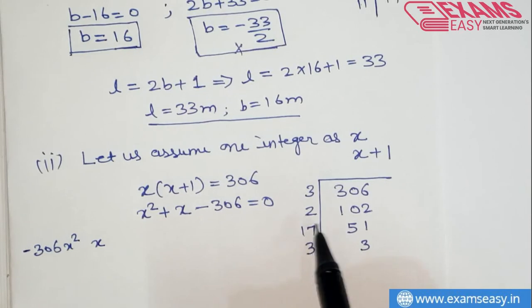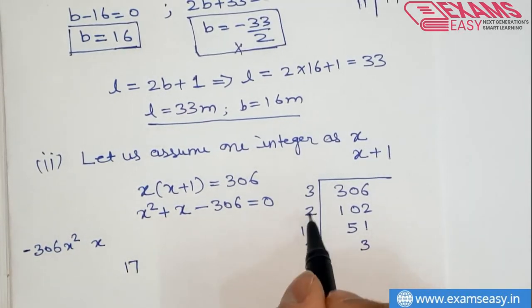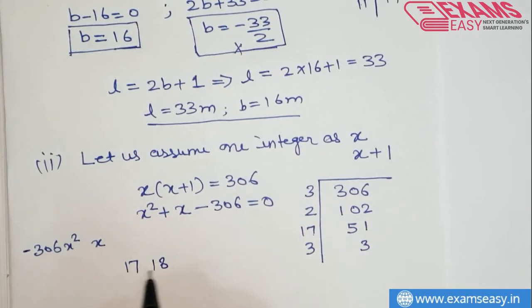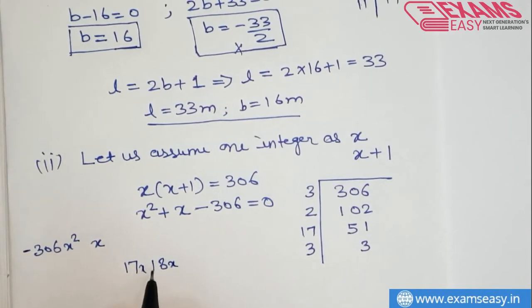So let us see 17 and 3 threes are 9, 2 nines are 18. So 17 and 18. If we multiply 17x and 18x, then we get 306 x square, but one of the numbers should be negative.